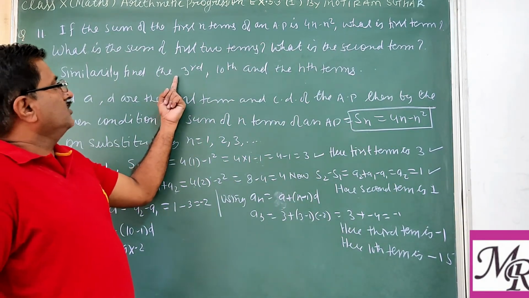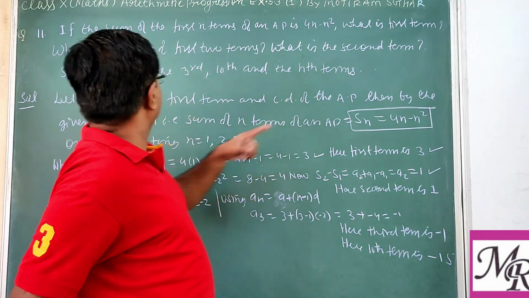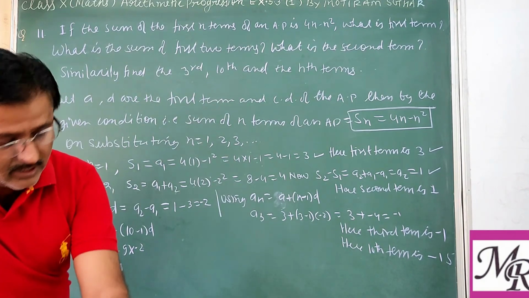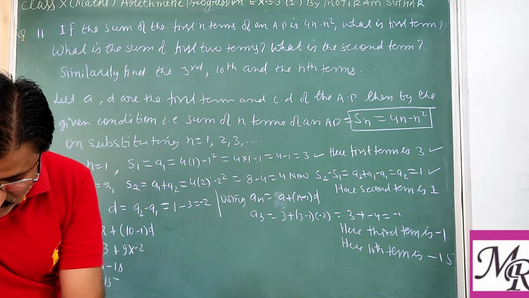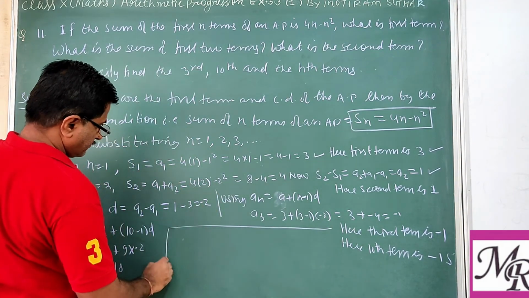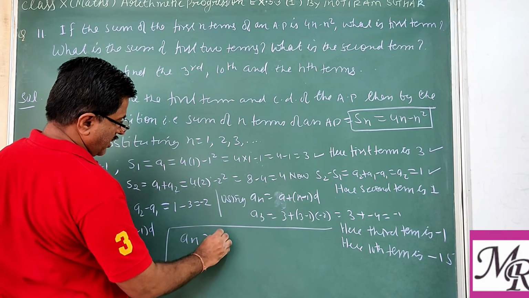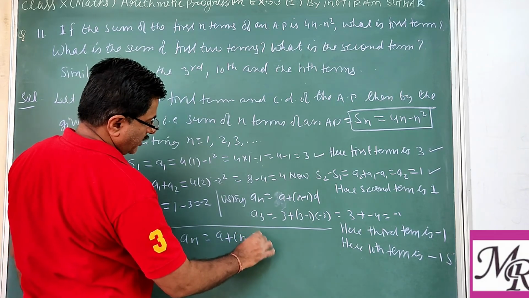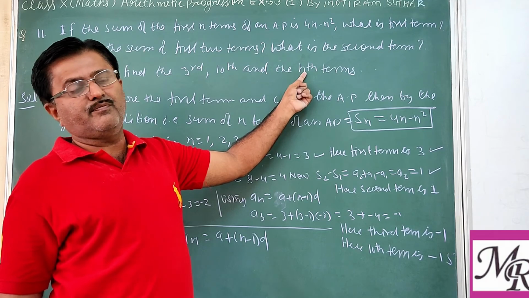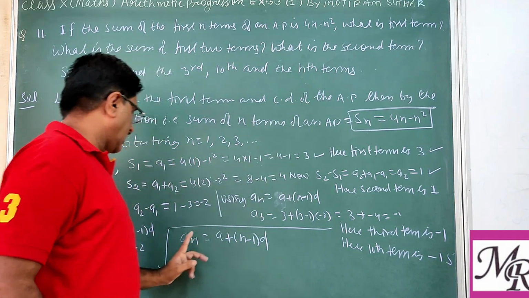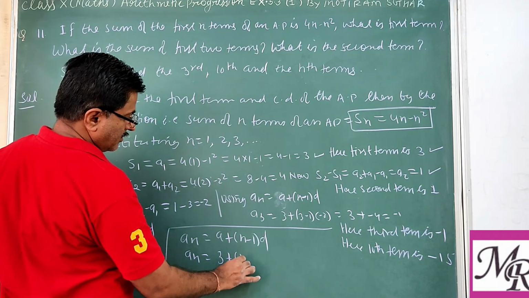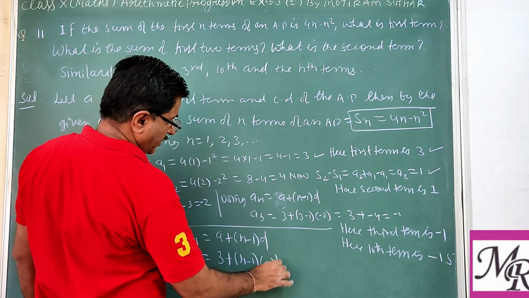Now lastly we need the nth term. We had to find the third term, the 10th term and the nth term. So for the nth term, again use the formula An equals A plus n minus 1 into D. Now for the nth term, n remains as n, A is 3, and D is minus 2.